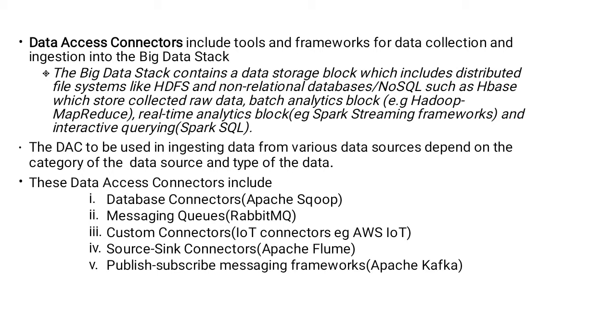These data access connectors include database connectors like Apache Sqoop, messaging queues like RabbitMQ, custom connectors like Internet of Things connectors, source sync connectors like Apache Flume, publish subscribe messaging frameworks like Apache Kafka.